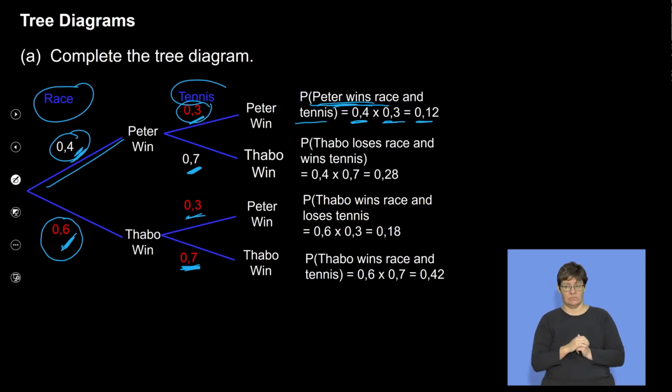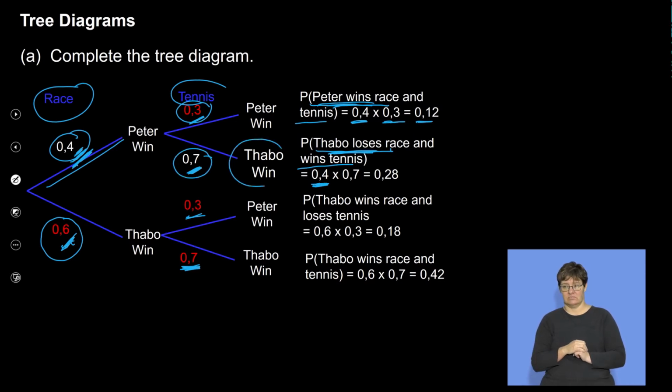Now, the probability that Thabo loses a race, are we together? Loses a race and wins a tennis match will give us 0.4, because he loses a race, multiplied by 0.7.